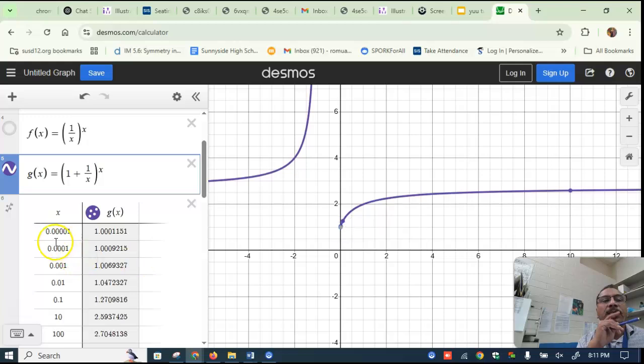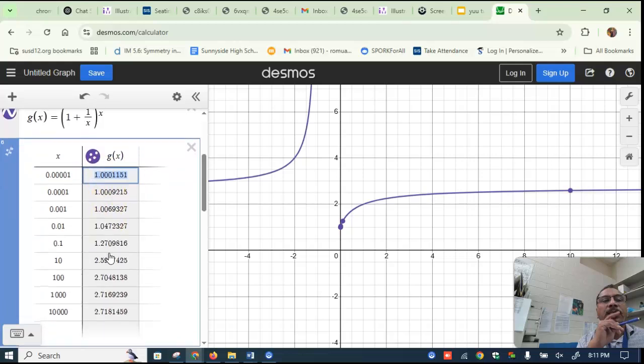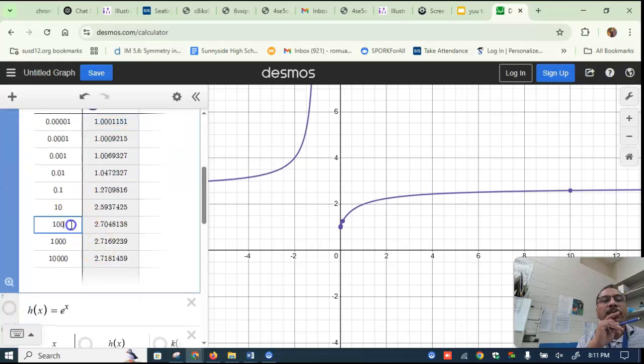And that's what I wrote here. The smaller the x input, the output is almost close to 1. And the larger the numbers, if I put 10, 20, 100, 1000, 10,000, this number approaches 2.718.